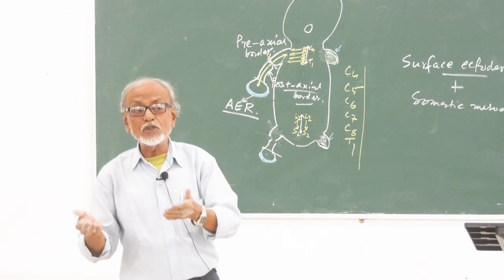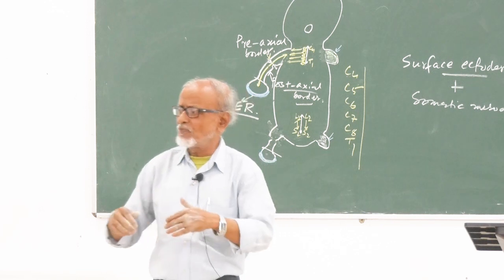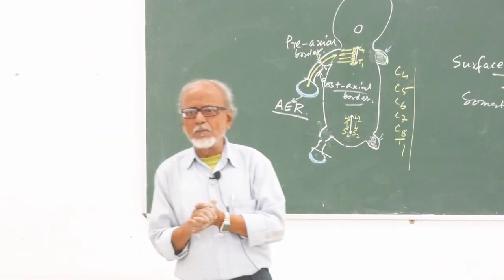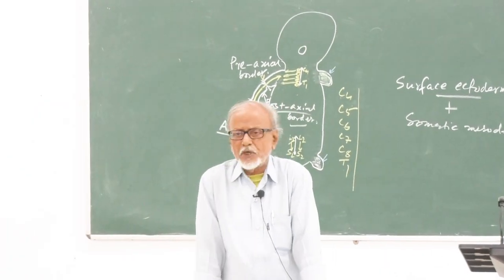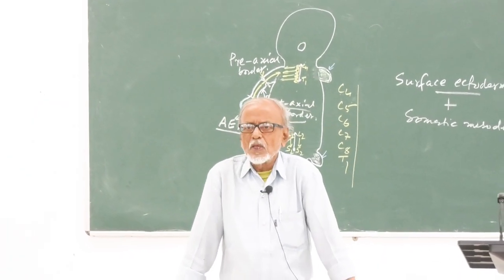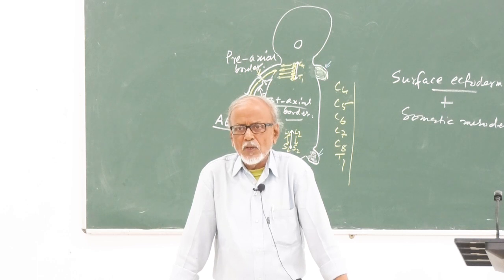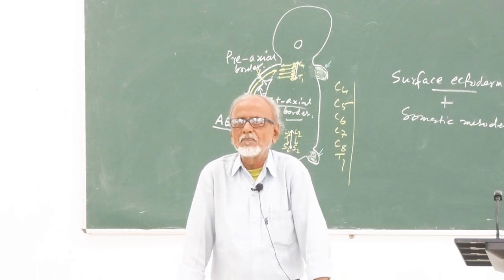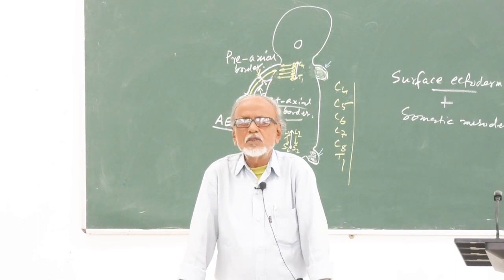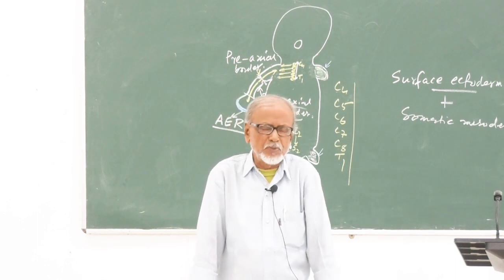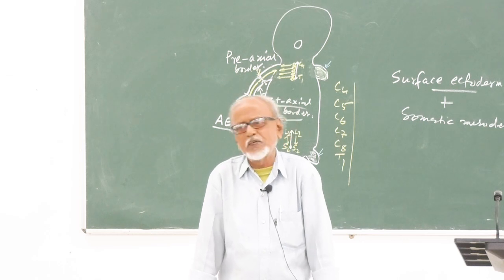The lower limbs, as opposed to the rotation of upper limb parts, rotate in a reverse direction. The lower limbs will be rotating, instead of laterally, medially. Again, this has got a very important bearing in adult anatomy.